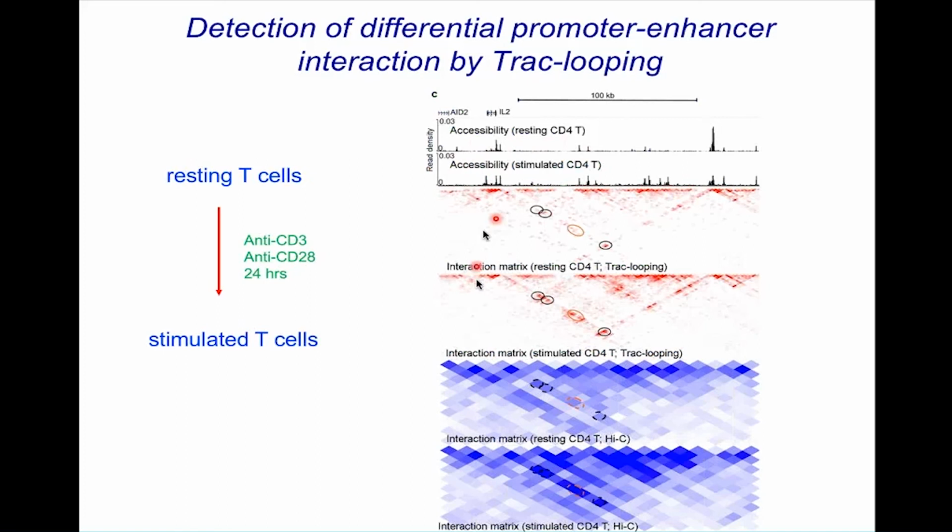These two tracks show the interaction matrix. The red circle indicates the site that showed increased interaction by stimulation, but not increased accessibility. The orange circle shows the region that demonstrated both increased interaction and increased chromatin accessibility. This is also confirmed by the Hi-C analysis, as you can see in these regions.